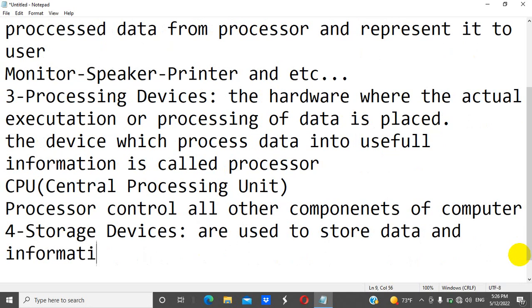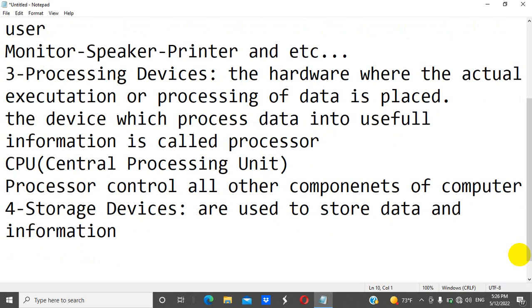Any device which has the ability to store data, we call a storage device. In a computer system, we have hard disks. A hard disk is a drive which is used to store data permanently. And we have the SSD drive, which is like a hard disk but very fast and with different characteristics. In the next lessons we will discuss this in detail, but right now we are talking about storage devices generally.